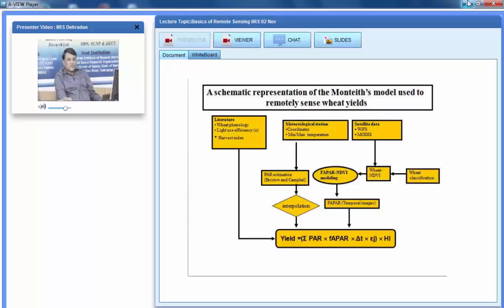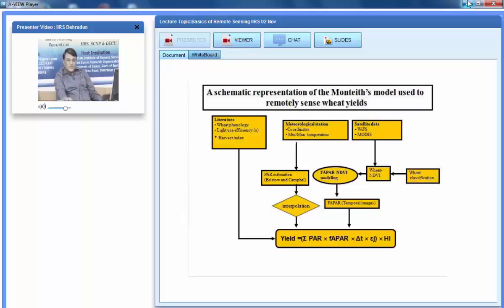Then from sunshine recorders or some radiation estimate, if available from geostationary satellite data, you can estimate PAR. Then there are some crop specific constants, like for wheat crop the light use efficiency and harvest index. These can be collected from the literature of that particular region or agro ecosystem which you are studying.